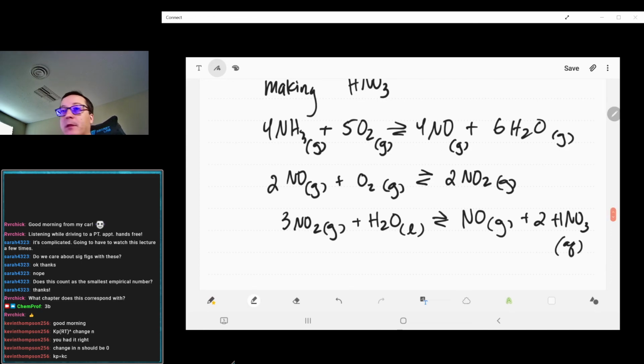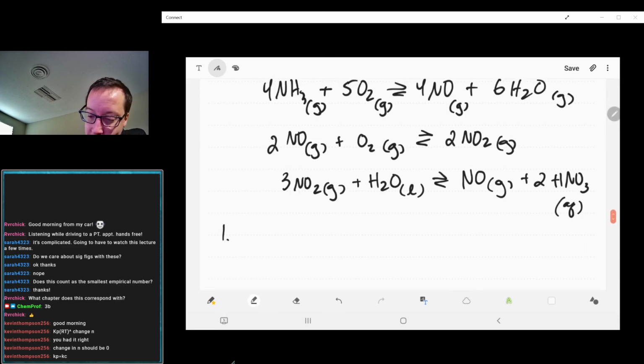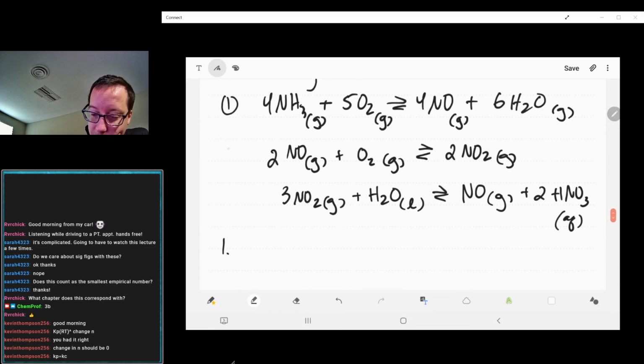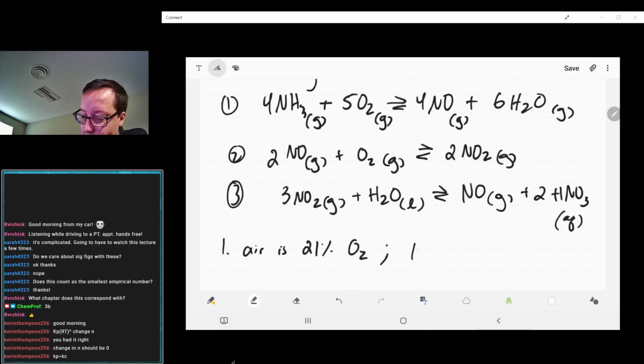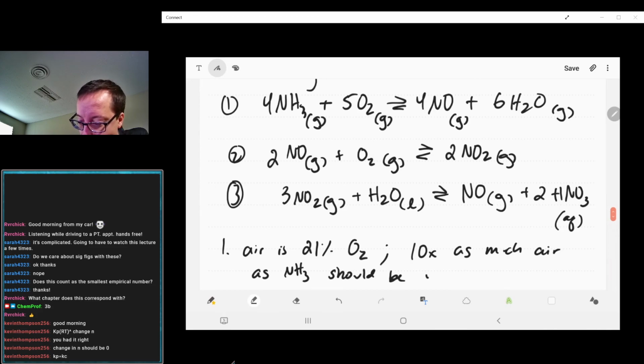So, a couple of things to do here. The first one, it says, for step 1, if we say air is 21% oxygen, and we should use 10 times as much air as ammonia, we can figure out a couple of things.